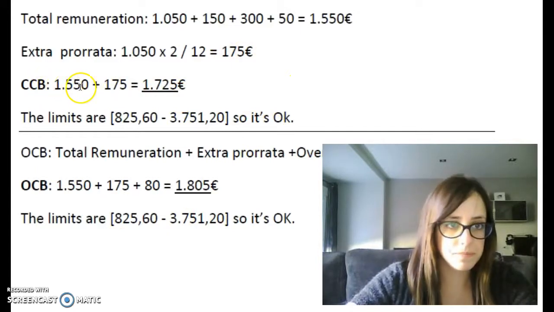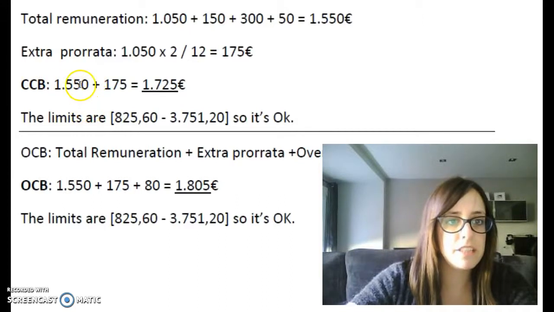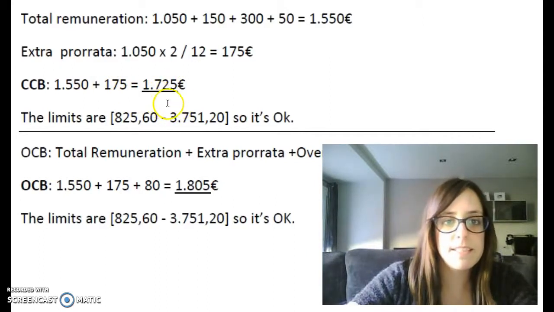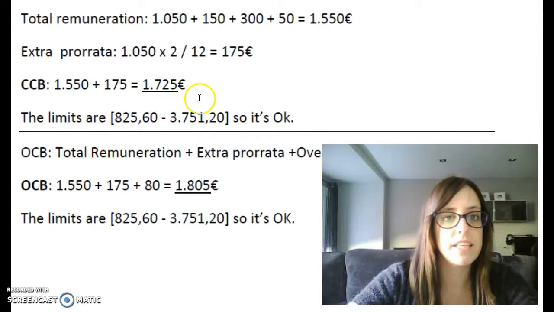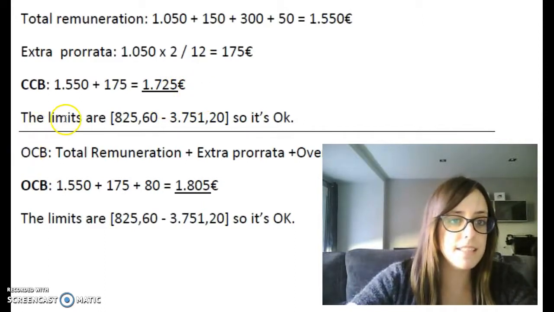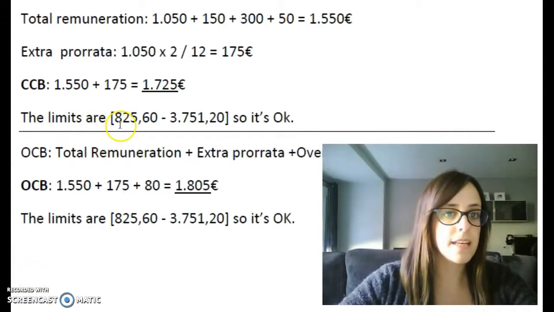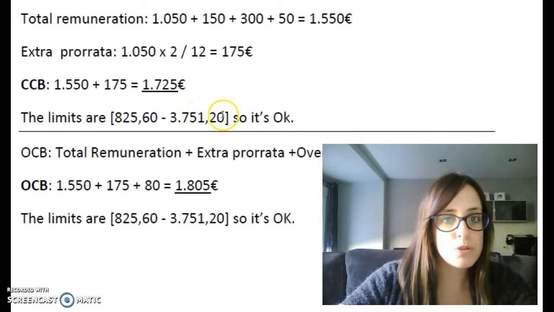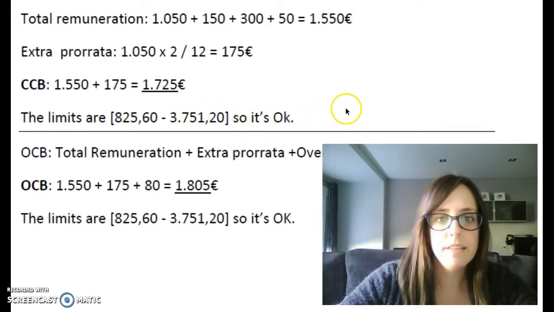The result for CCB, we have 1550 plus 175 is 1725 euros. The limits are 825.60 to 3751.20. So the limits are okay.